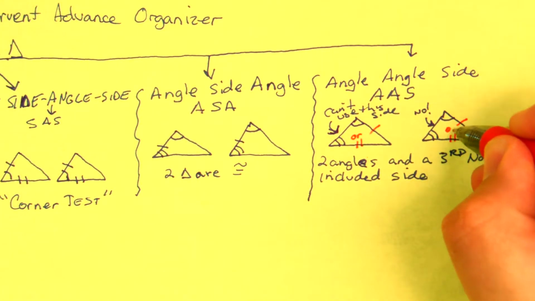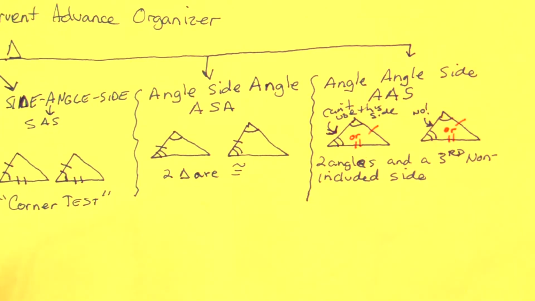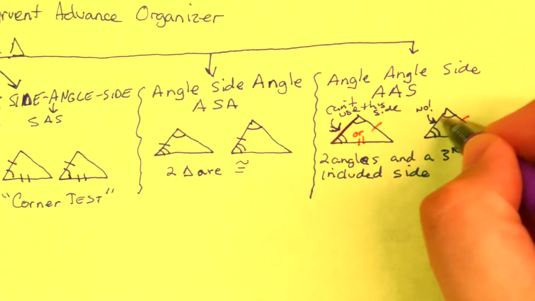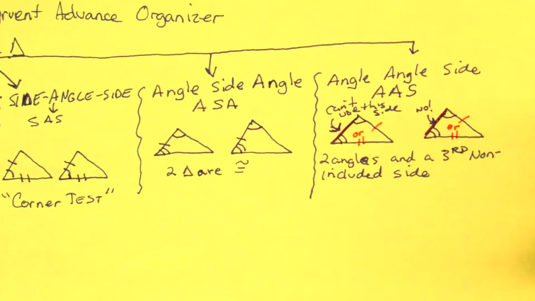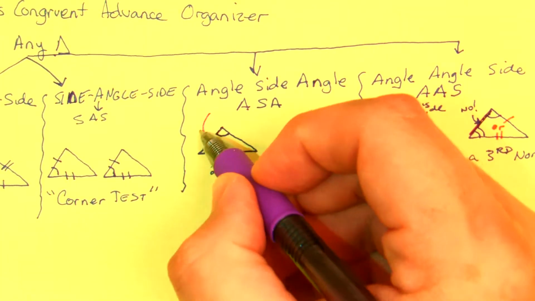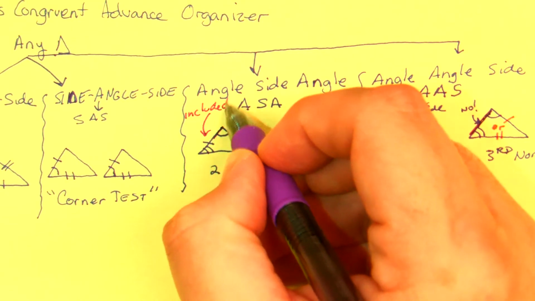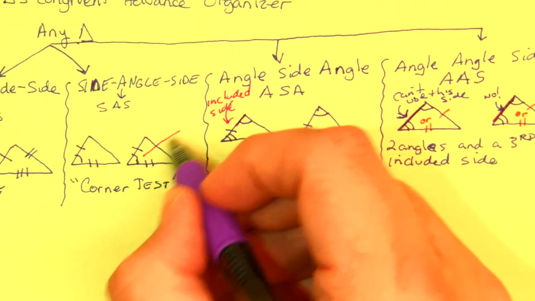They are part of the angle, but the included side, when we talk about the included side of an angle between two angles, it would be this side right here. Because it's right in between the two angles. So we call that an included side. Just like over here, this would be an included side. So this right here is an included side. Kind of like this guy right here is an included angle.